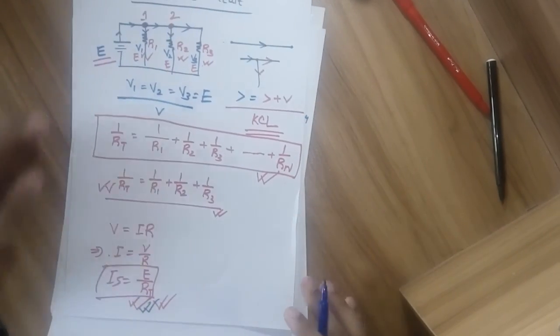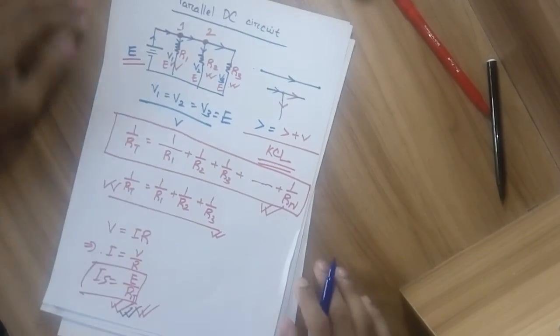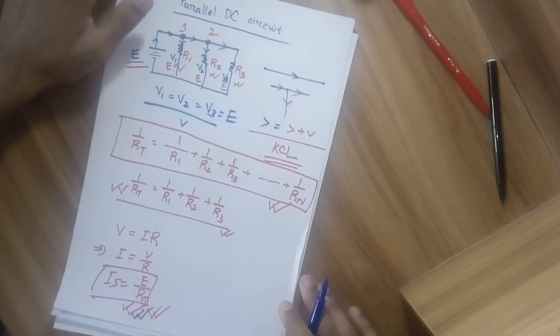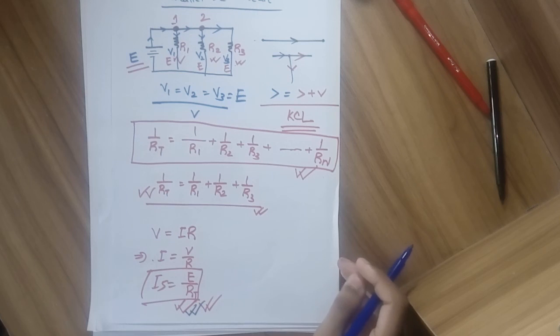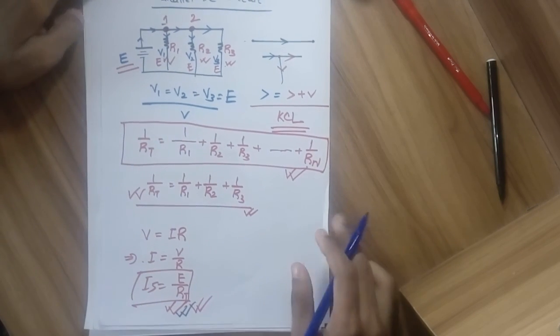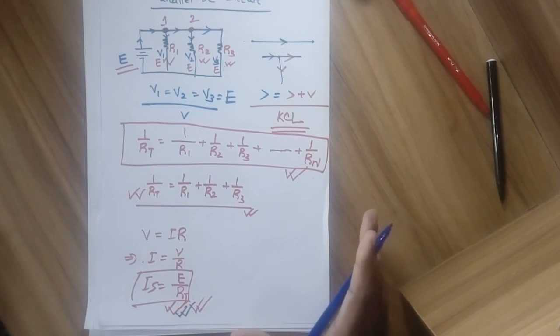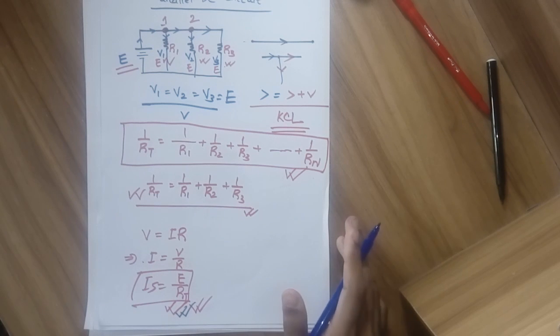Then we need to use the current divider rule and the voltage divider rule. In my next class I'm going to talk about series-parallel DC, which is the complex circuit.